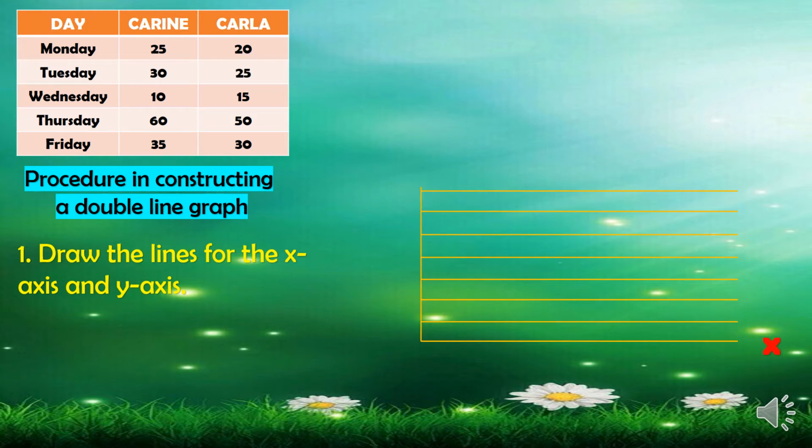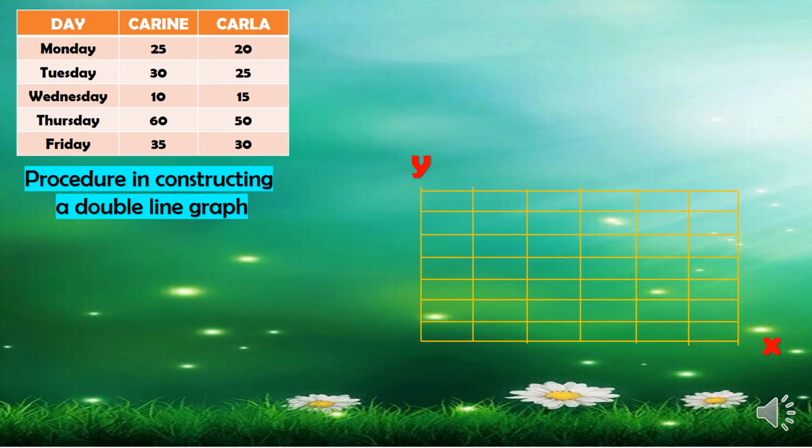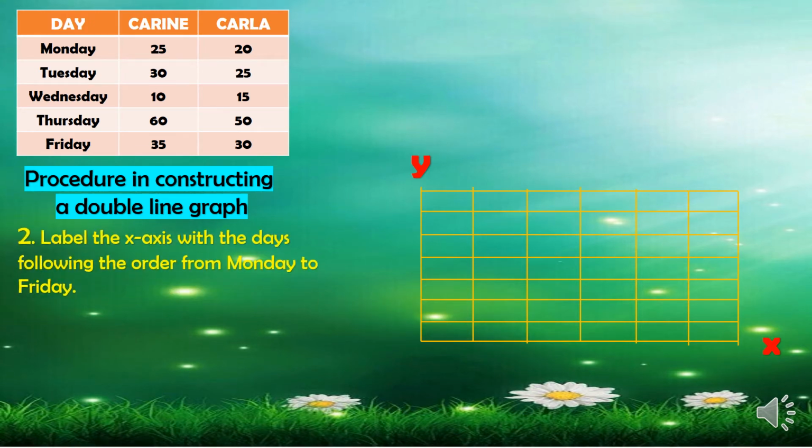And then the y-axis. Okay. So for number 2, label the x-axis with the days following the order from Monday to Friday. So these are the days.